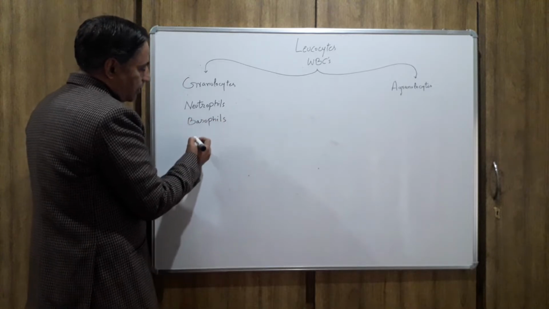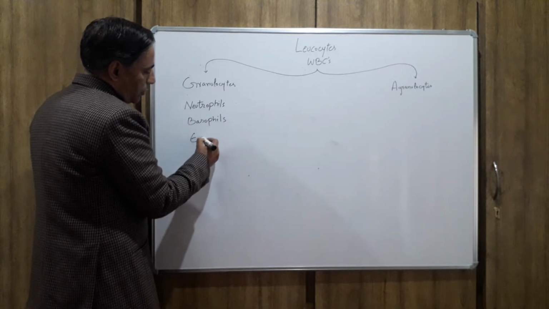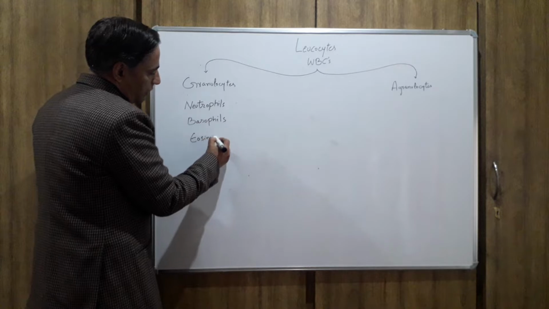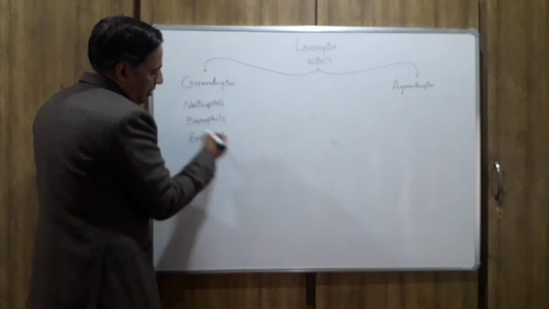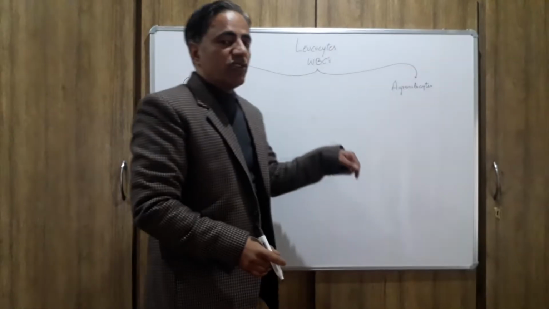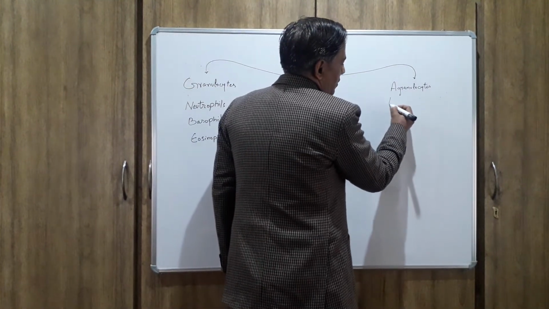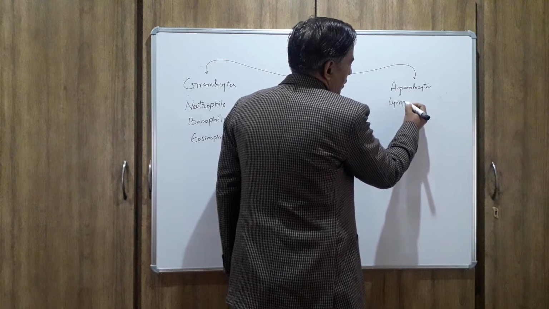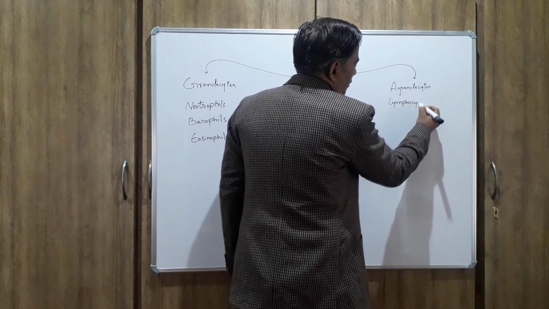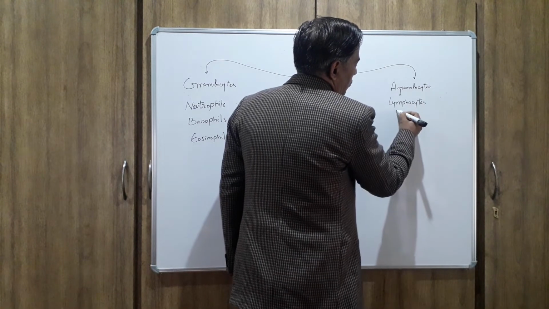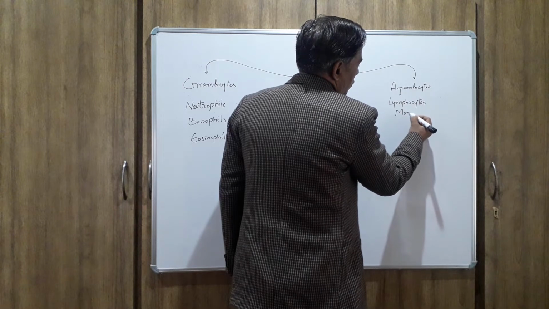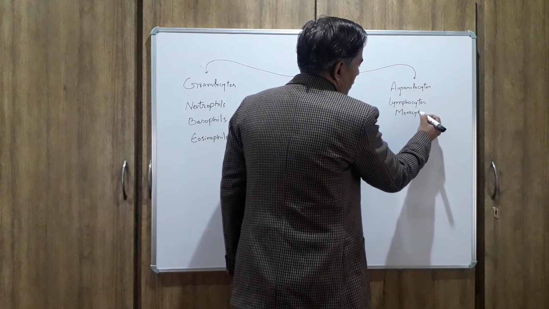Number three are the eosinophils. And similarly, there are two types of agranulocytes: lymphocytes and monocytes.